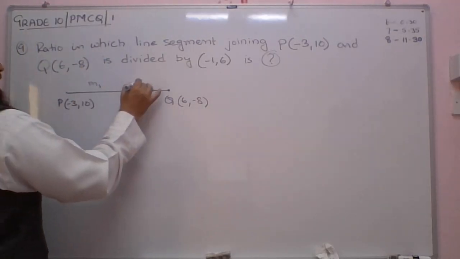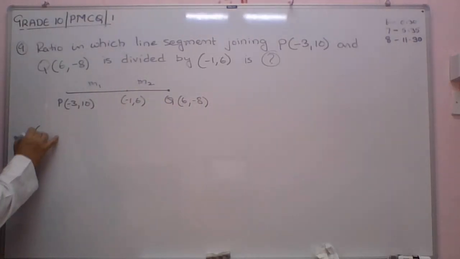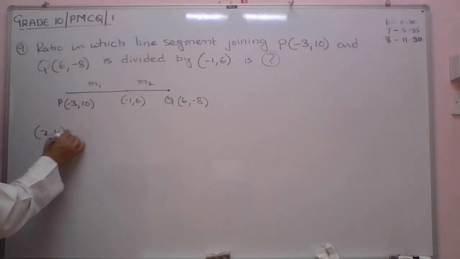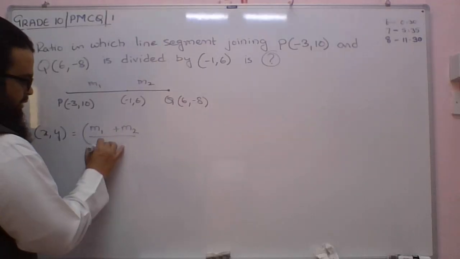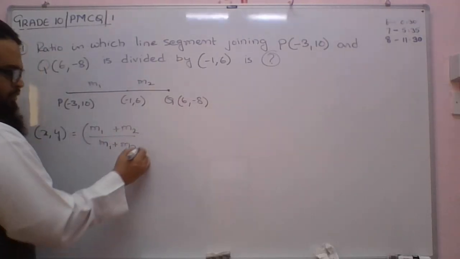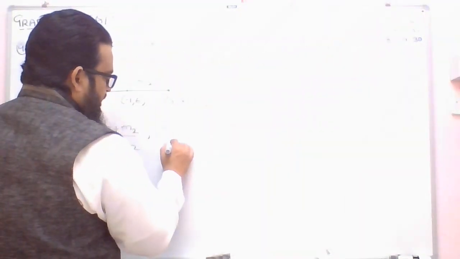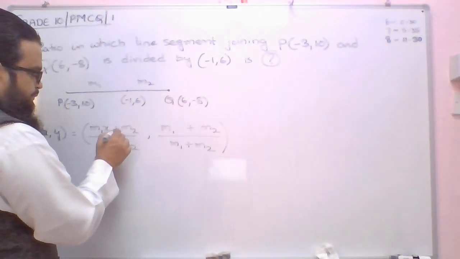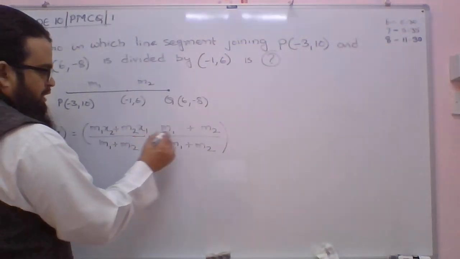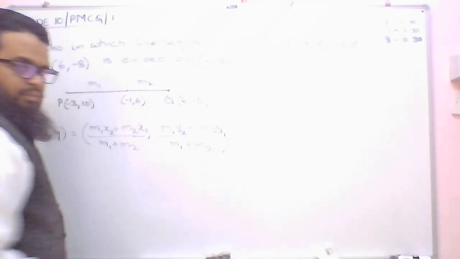So m1 is to m2, right? Now let us find out what the formula is. (x, y) equals (m1 x2 + m2 x1) divided by (m1 + m2), and here also (m1 y2 + m2 y1) divided by (m1 + m2).